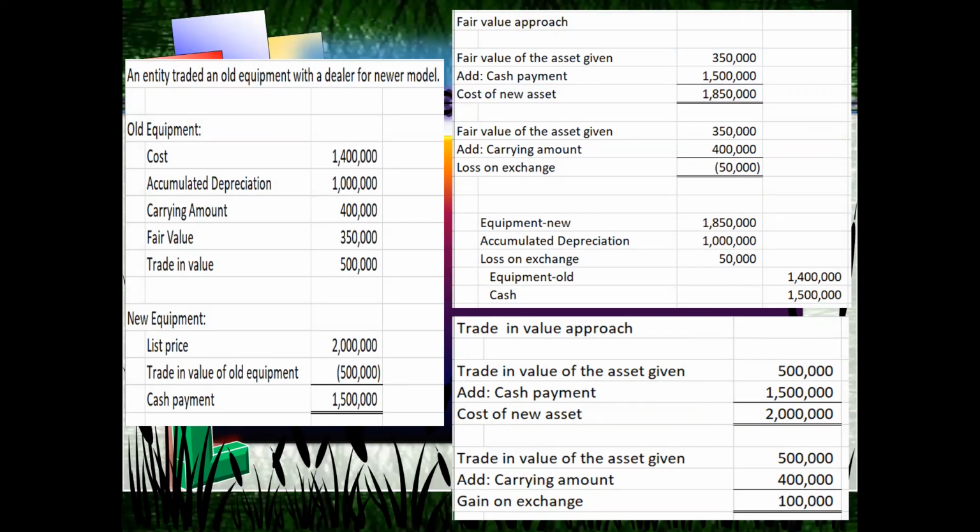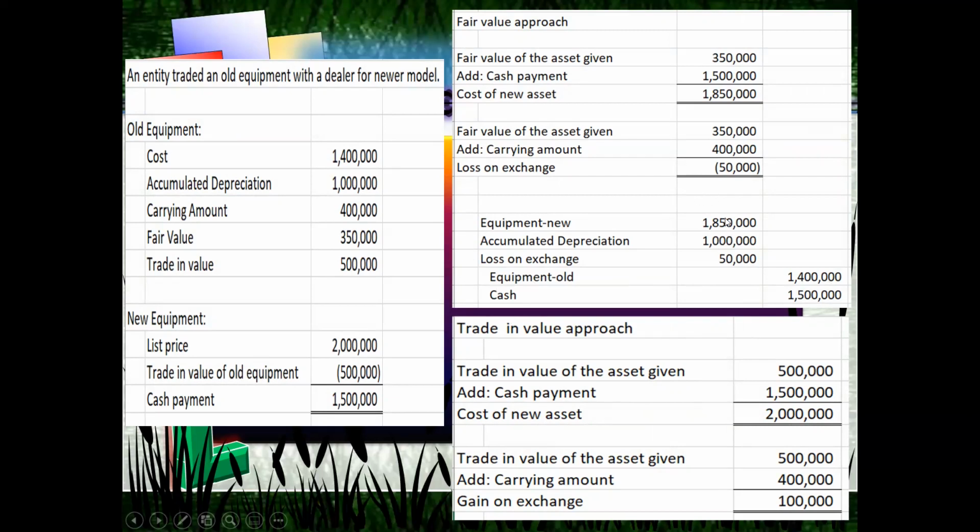So if you're going to record this, entry mo, magde-debit tayo ng equipment new na 2 million, accumulated depreciation na 1 million. So of course, wala na ito, no? Tapos mag-credit tayo ng old equipment or equipment old na 1.4. Credit tayo ng cash na 1.5. And then, credit tayo ng gain on exchange na 2 million.